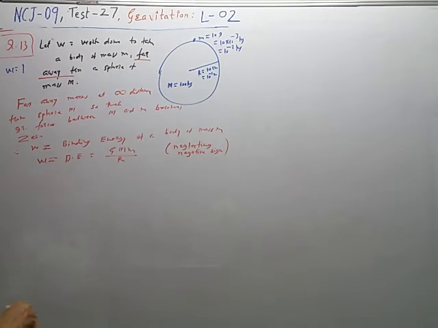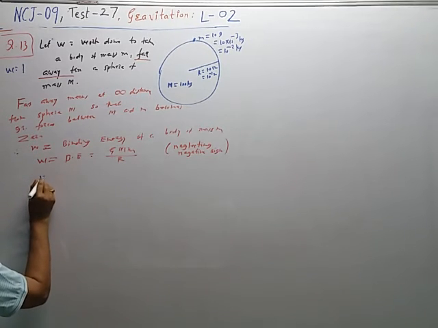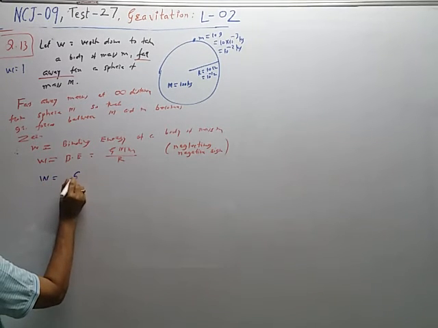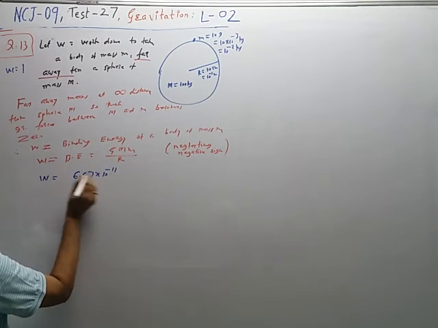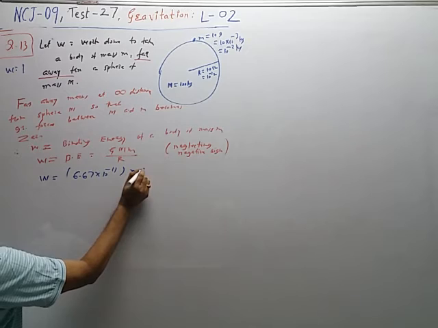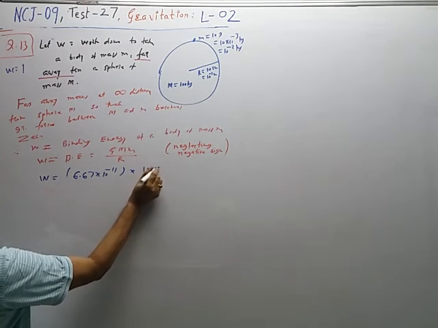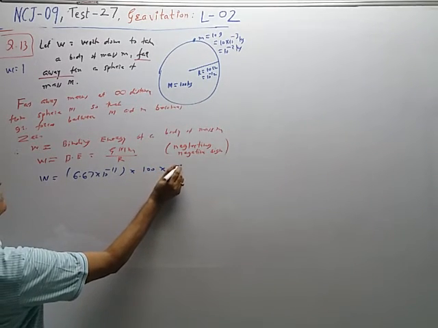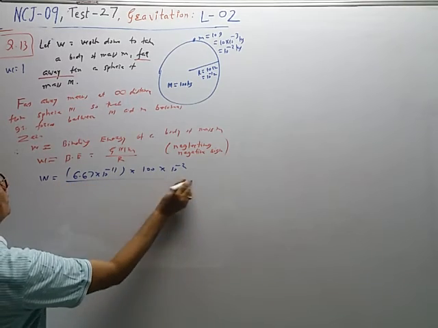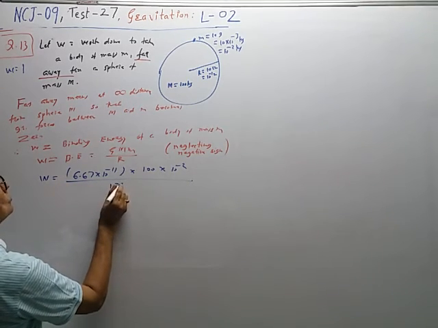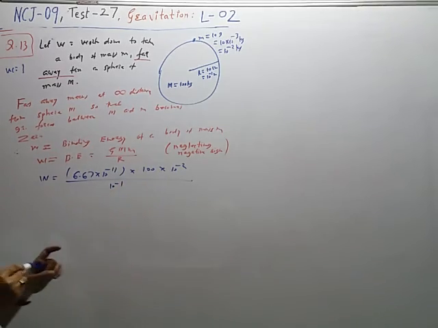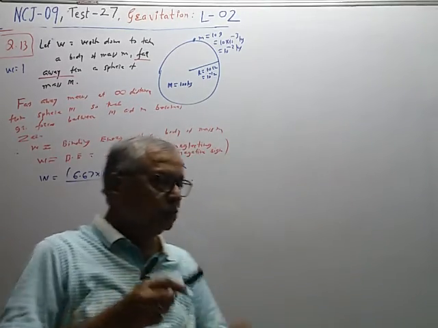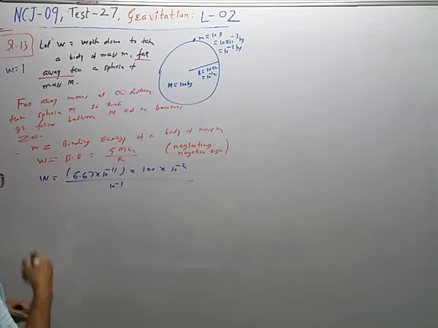So substitute the values in SI unit. Therefore W is equal to 6.67 into 10 raised to minus 11, M is equal to 100, m is equal to 10 raised to minus 2, upon R is equal to 10 raised to minus 1. So this 100 and 10 raised to minus 2 will get cancelled.